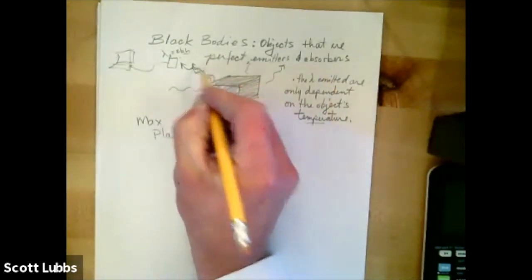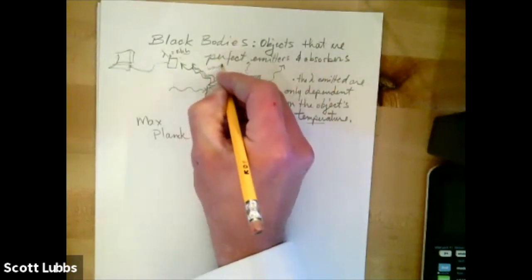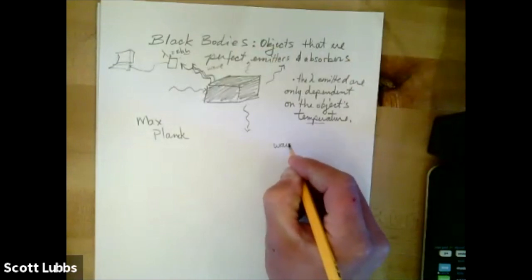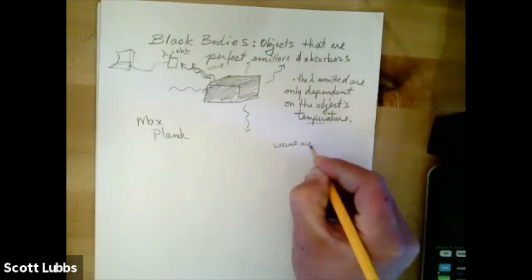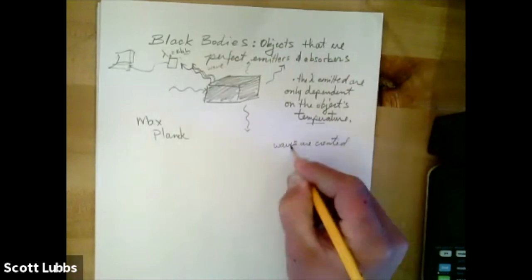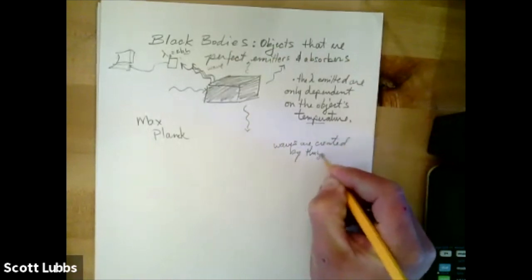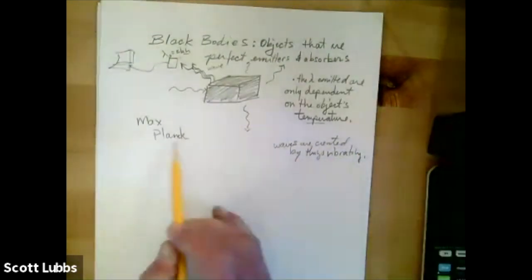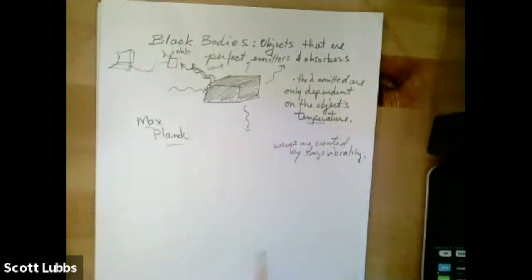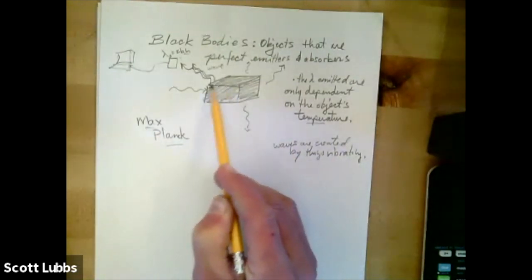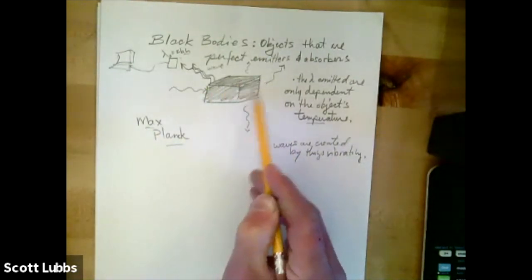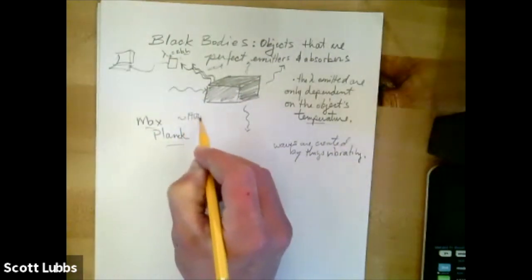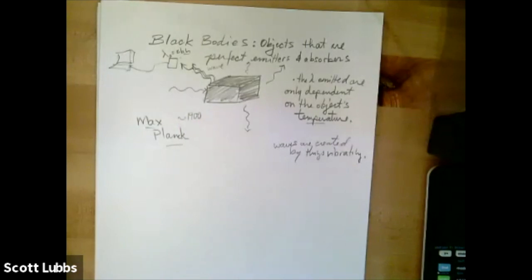Well, light is a wave, and waves are created by things vibrating. So Max is trying to understand this solid, this is like early 1900s, might even be late 1800s.